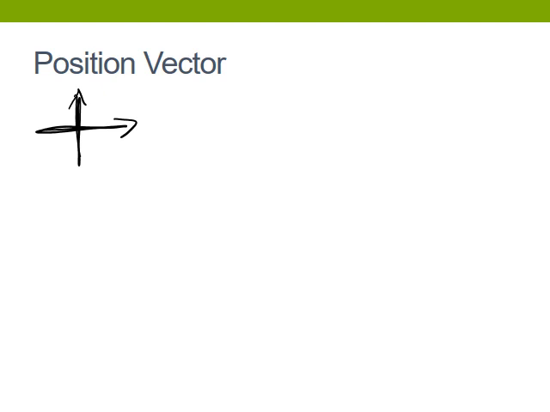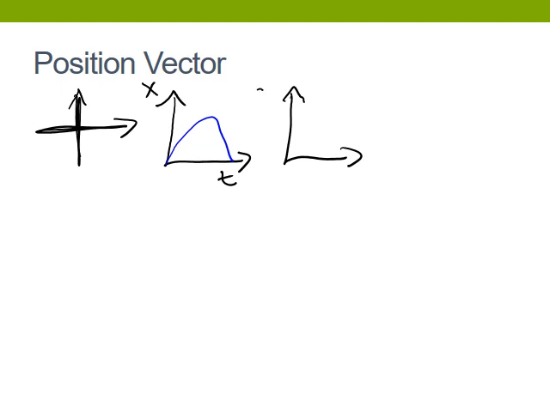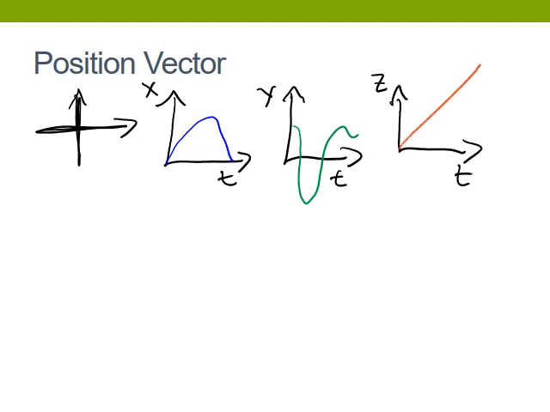So I could draw an x versus time graph, and maybe that one looks something like this. Maybe it's parabolic. And I could draw a y versus time graph, and maybe that one looks something like that. And of course, I could draw a z versus time graph, and perhaps it looks something like that.